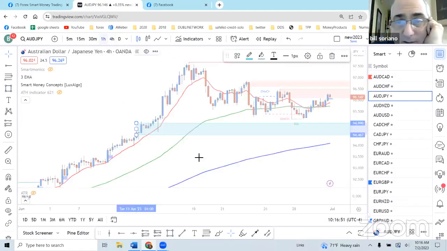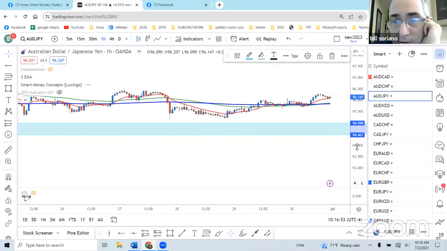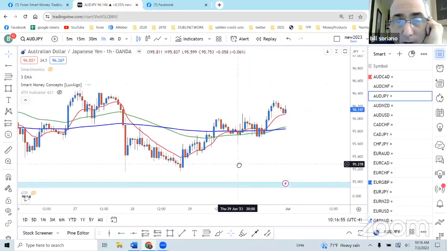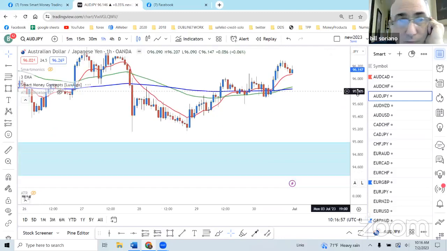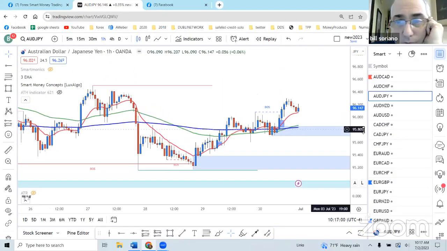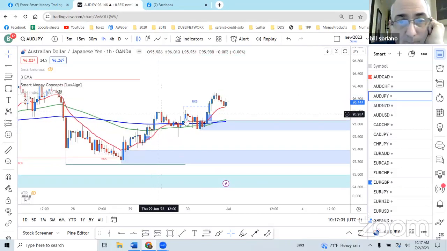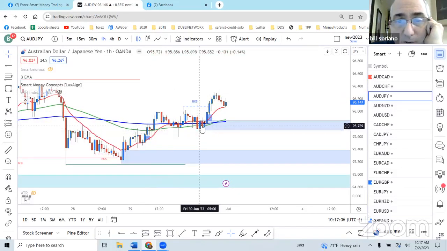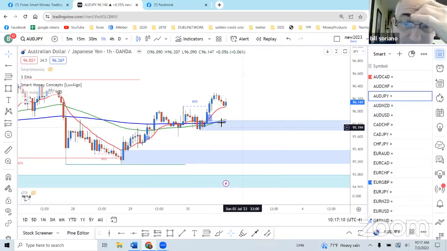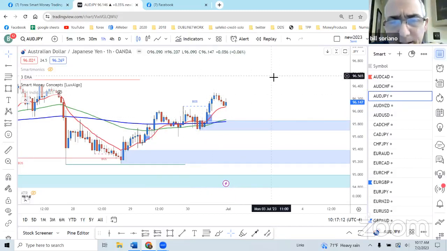Let me just see if I have anything on the 1-hour here. Oh, I did. Okay, so on the 1-hour, we have this liquidity block down here. It leaves some imbalance behind it.